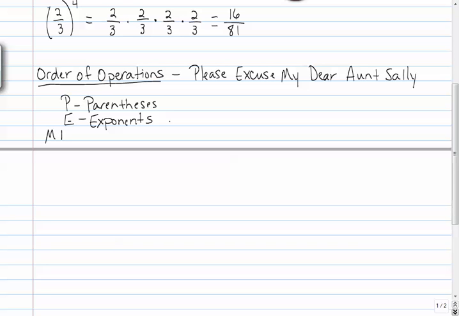Okay. The M and D is done in the same step. You do it in order from left to right, and it stands for multiplication and division. So that means if the division comes first, you do the division first. But if the multiplication comes first, you do that first.